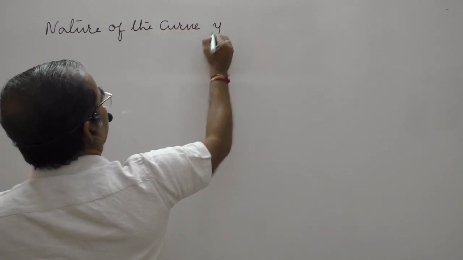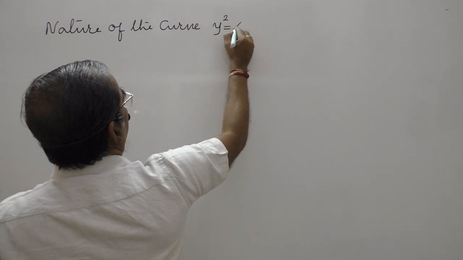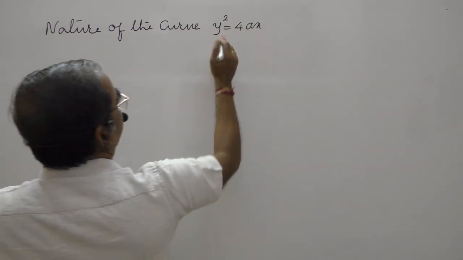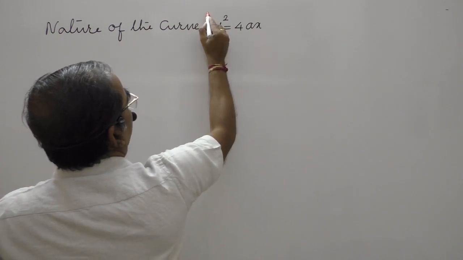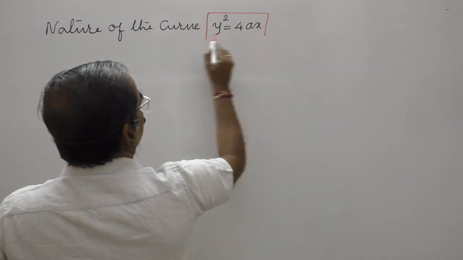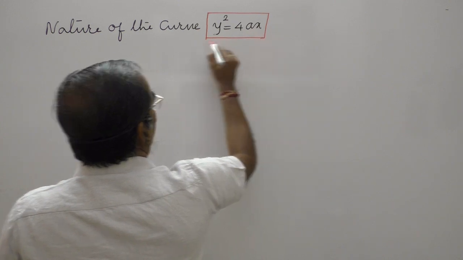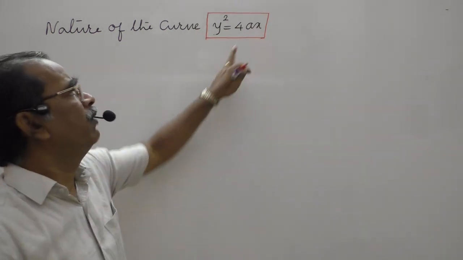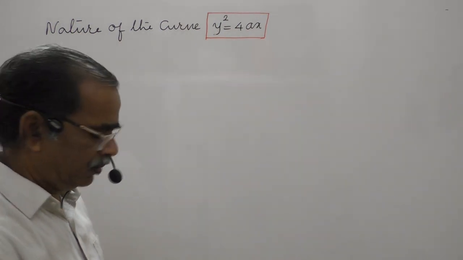Which curve? Y square is equal to 4ax, which we have obtained in the standard form. Just now we have seen its derivation. This is a parabola in the standard form. Now we will see the nature of this.